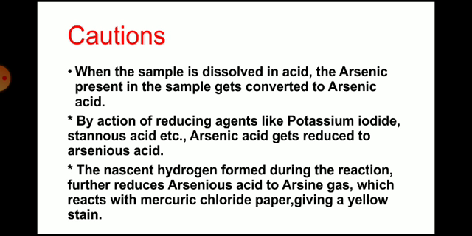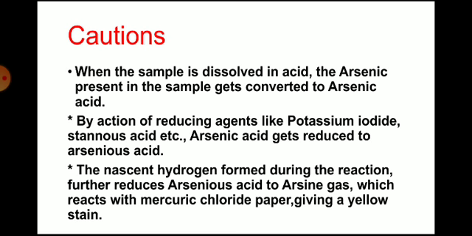By the addition of a reducing agent like potassium iodide or stannous chloride, the arsenic acid gets reduced to arsenious acid. The third point is the nascent hydrogen formed during the reaction. It further reduces arsenious acid to arsine gas, which reacts with the mercuric chloride paper and gives a yellow stain.